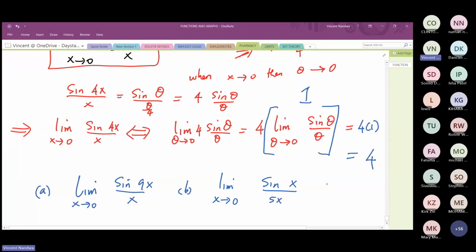And lastly, C, limit as x approaches 0 of sine 3x over sine 7x.